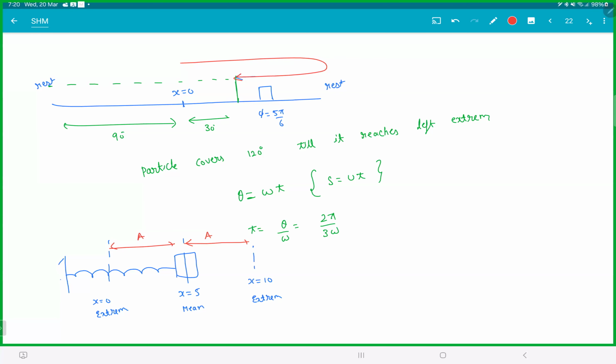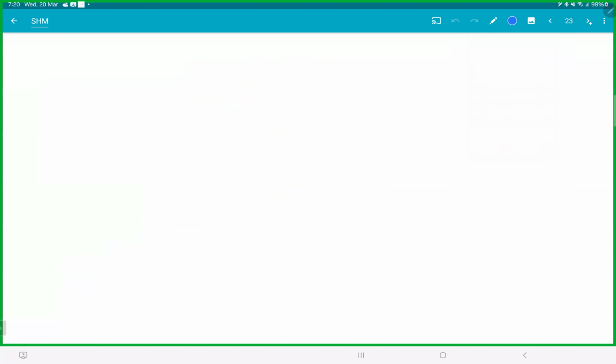Great. Let me see one more in a different way. So I gave you an equation and I'm asking you data. Now we will do the other way around. I'll give you data and I want an equation. A particle crosses mean position 100 times per second. Vmax is 10 meter per second.